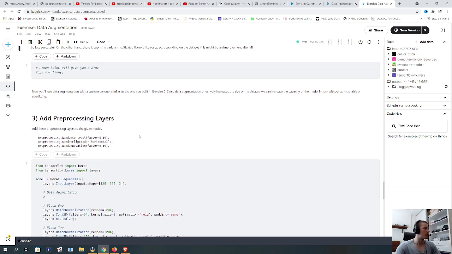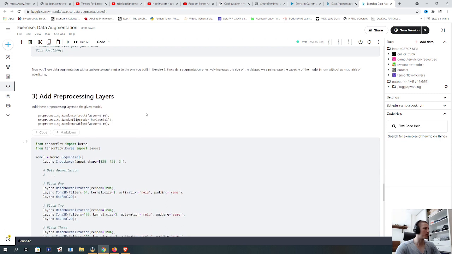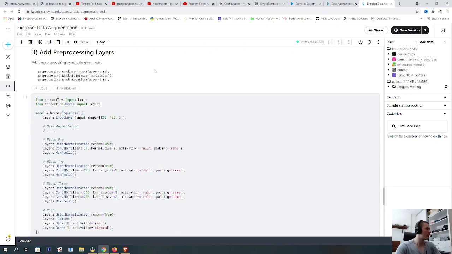Now we use data augmentation for custom convnets similar to the one you built in exercise 5. Since data augmentation effectively increases the size of the dataset, you can increase the capacity of the model in turn without as much risk of overfitting. Add preprocessing layers to the given model.